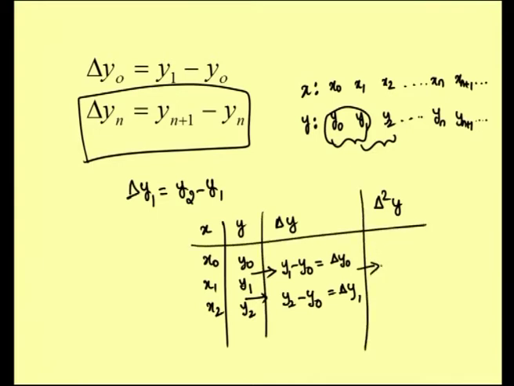So, del square y naught is del y1 minus del y naught. So, when you see it is y2 minus 2y1 plus y naught actually. Okay. After we reduce the tabular column to one value, that is 3 values are now reduced to one value, then we stop because there is no other value to be subtracted. Therefore, we stop and we have found out the forward difference table.